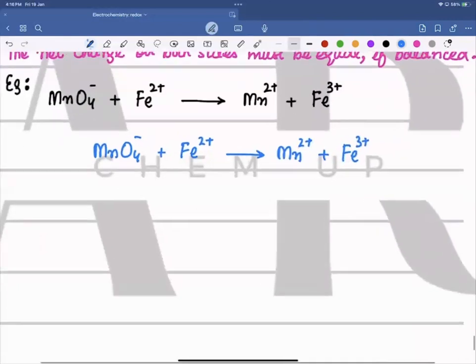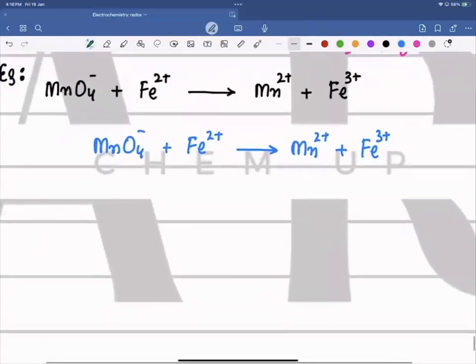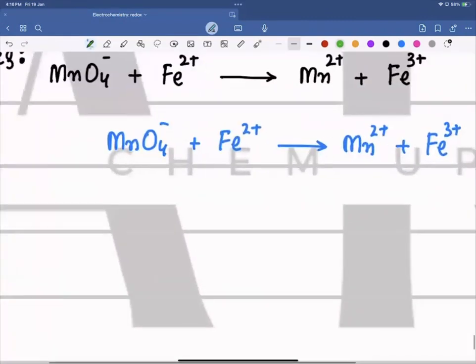So if I start putting the oxidation numbers, I will find it is going to be -2 times 4. And if this oxygen has the net charge, what is the net charge? -8, right?